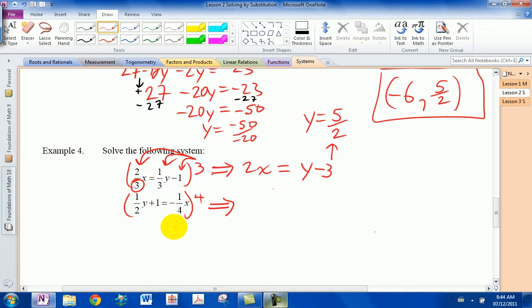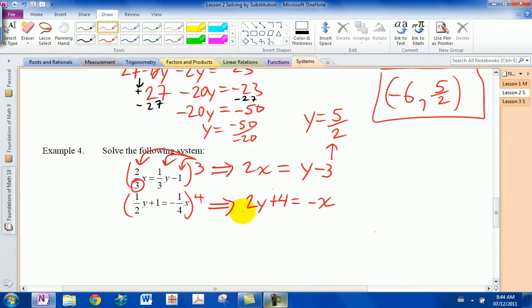What'd you get, Teresa? Good. Well done on not forgetting that negative sign. All right, so solve it. Should we change the top equation or the bottom equation? Pardon?